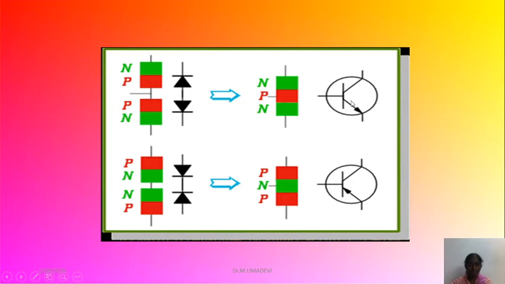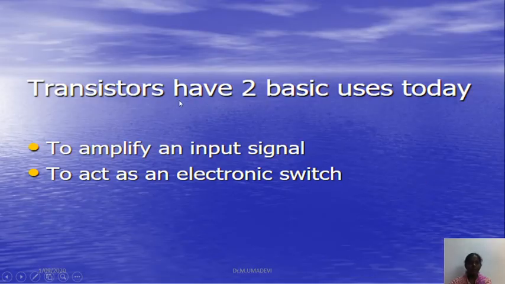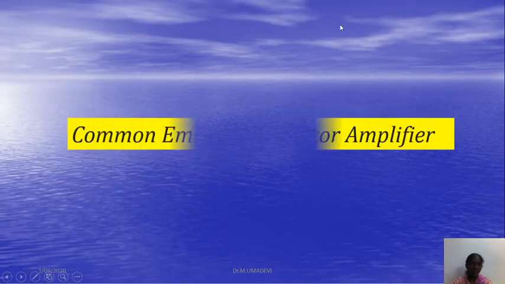Again, this is the symbol I have given for your understanding. This is the NPN transistor, the arrow mark is pointing outward, and this is the PNP transistor, the arrow mark is pointing inward. The transistor mainly has 2 uses. One is to amplify the input signal, where amplify means to increase. Another is to act as an electronic switch.